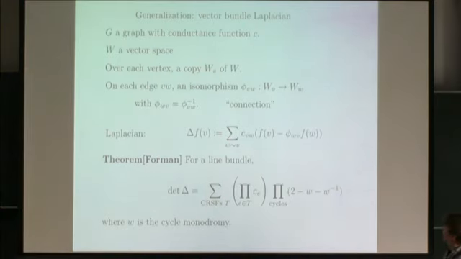Now, one reason why you might be interested in this is because in certain circumstances, you can choose a connection which models some more interesting structure of your graph. For example, if your graph has some geometric structure, like it lives on a curved surface, you can find a connection which has some natural metric structure.